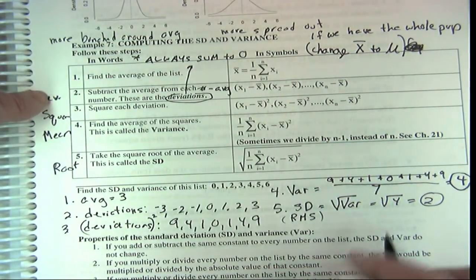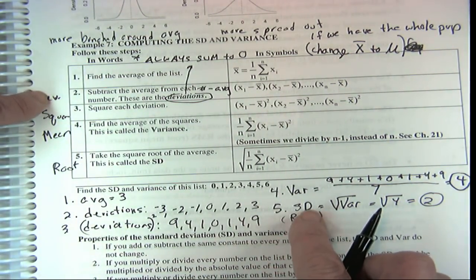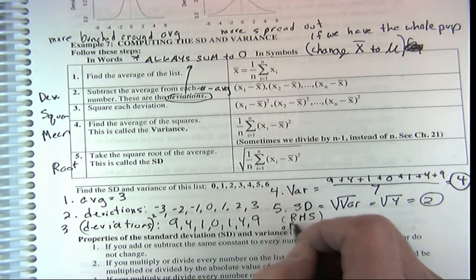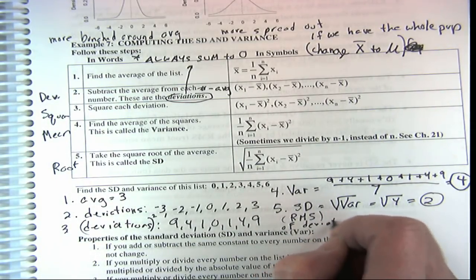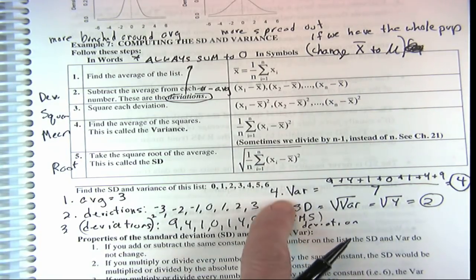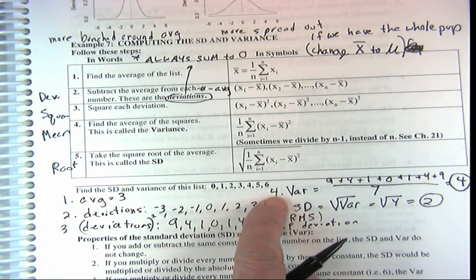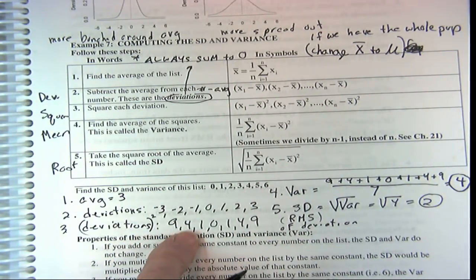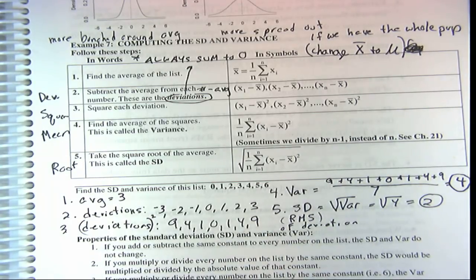Root mean square of the deviations. So another word for standard deviation is root mean square of the deviations. And another word for variance is the mean square of the deviations.